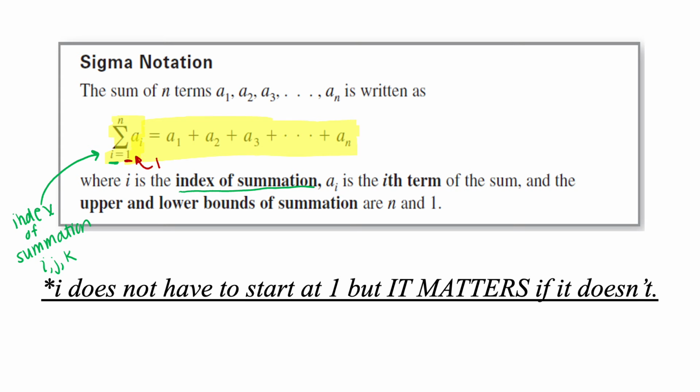The 1 is called your lower bound, and then n is your upper bound. And then just a note that i does not have to start at 1, but it does matter if it doesn't. So we're going to be looking closely at whether it's starting at 1 or not in the next couple of examples.